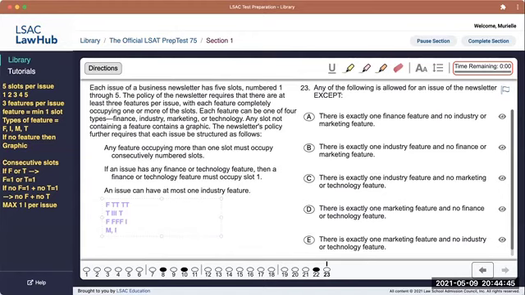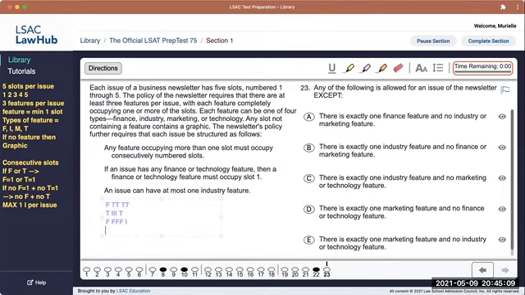The newsletter policy requires that there are at least 3 features per issue. So if we only have 2 types and we only have 1 feature per type, we're really going to run into a problem. Okay, so D is the correct answer here.